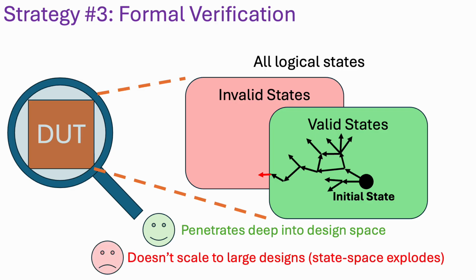There are ways that make this a bit more computationally tractable than brute forcing every single path, but still there's this state space explosion where if you have a big enough design, it just won't be able to formally prove that it's correct. So that's why designers have largely only used this for smaller designs.